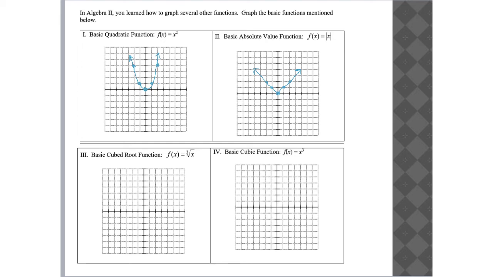With a cube root function, that was really like a tangent function on its side. So a cube root function, you had something that looked more like this, and that's okay. We're doing just a rough sketch here. And then cubic, that really looked a lot like the tangent function, did something like this. All right, so there's some good reviews on those.